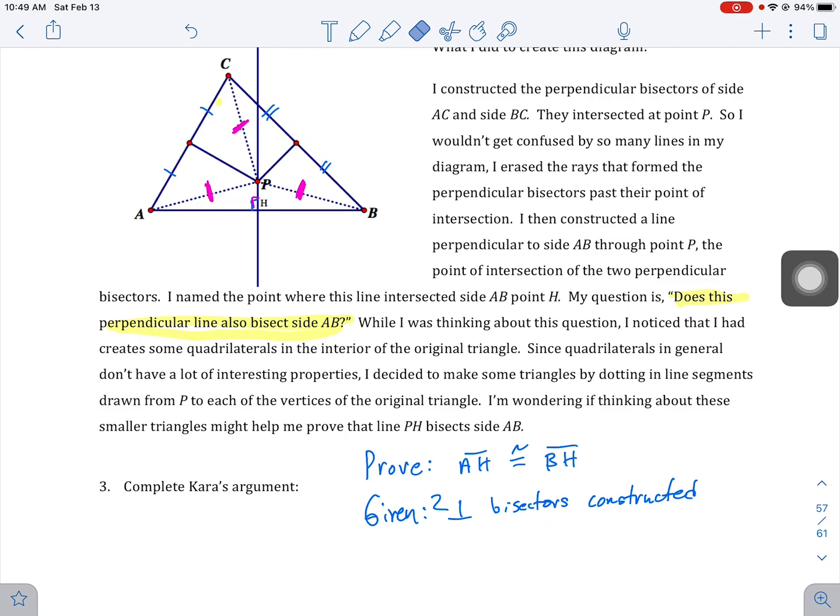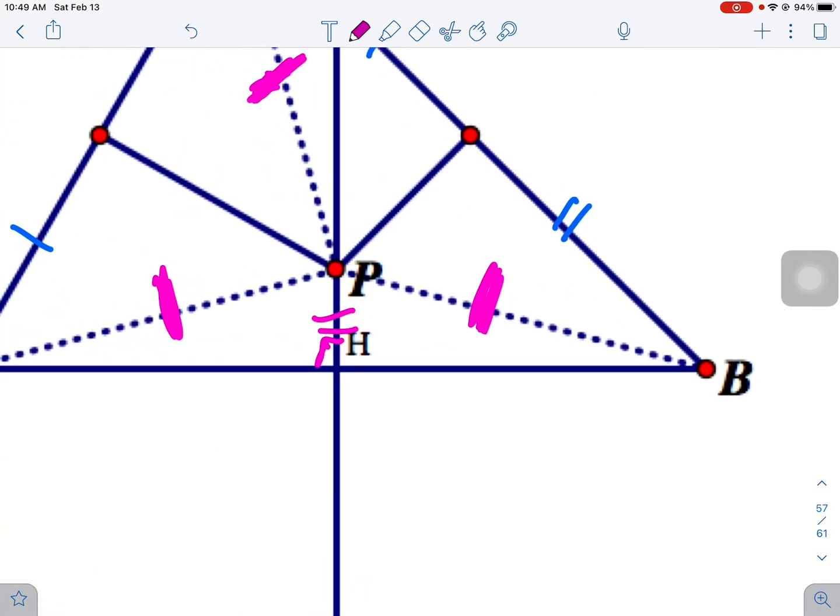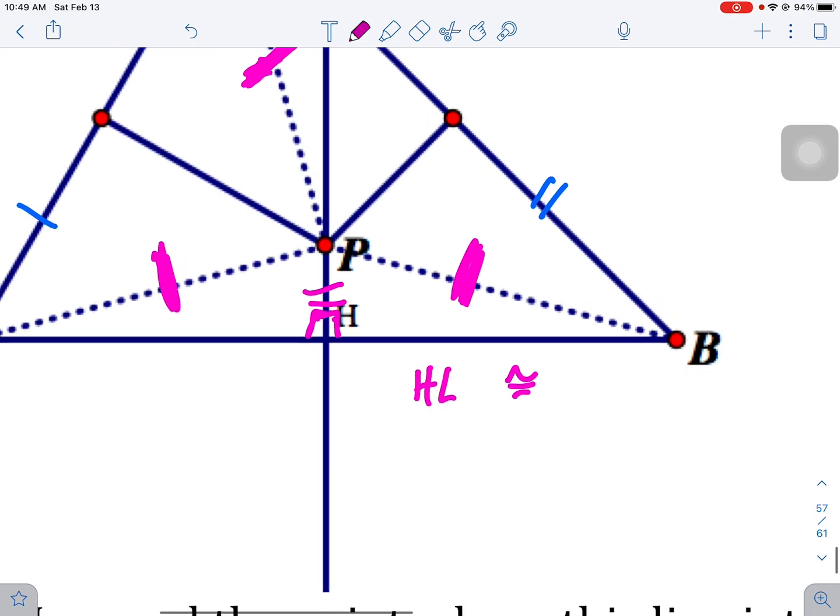Well, what we can say here, we know that it's perpendicular, right? We know that these are right angles, and we know that this is a shared side and this is another leg, so we can use hypotenuse leg to say that the two triangles are congruent.